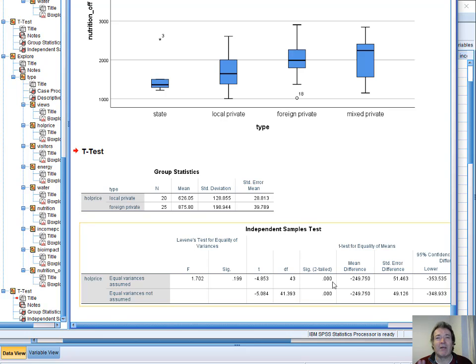I'm going to reject the null hypothesis, and because the significance is less than 0.01, reject it at the 1% significance level in favour of the alternative. My conclusion is there's very strong evidence that there is a difference in the holiday price between foreign private firms and local private firms in the population. So that's quite a strong conclusion. Definite reject.